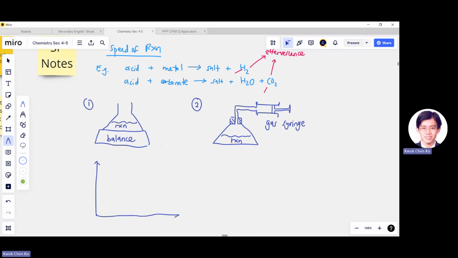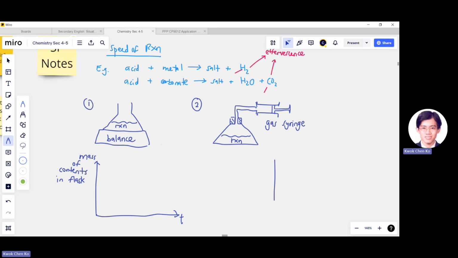Yes, mass versus time. Of course, to be more exact, it's the mass of the contents in the flask. Right, time depends on how fast this reaction is, typically seconds or minutes.